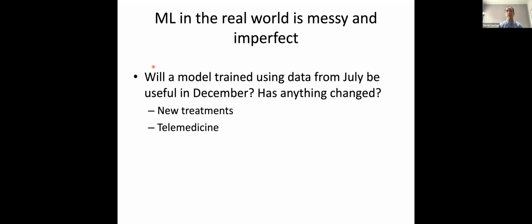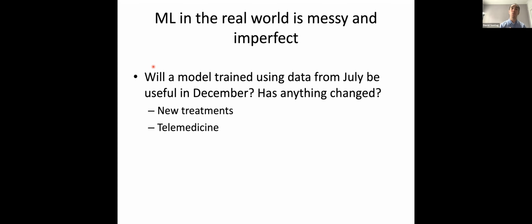Now, the second problem that you mentioned is that there are, let's say, new treatments. And that is, of course, also a big problem. And so one thing that one can do is one could take the model that was trained using data up until July, and you could evaluate how it is doing at various points in the future.